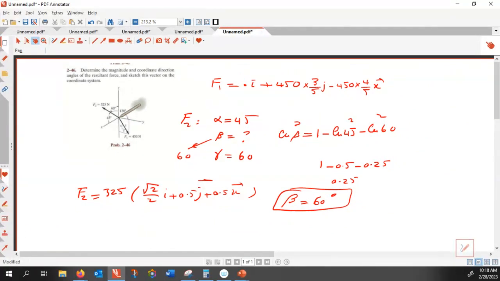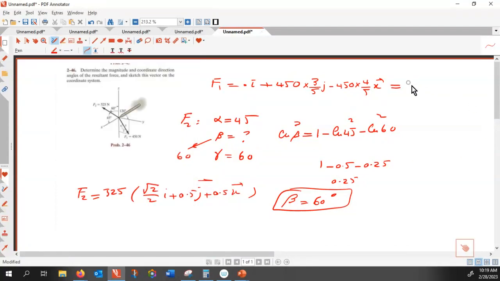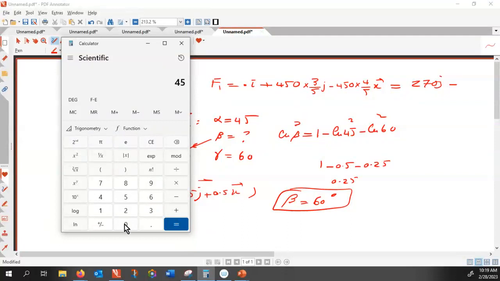So the resultant would be, let's simplify this. F1 is 270 J minus 360 K.